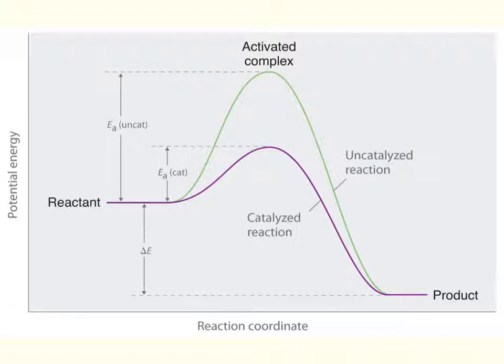The other thing too is, remember that for the forward reaction from reactant to product, we only have to add this much to go, and so the activation energy is lower for the forward reaction. It is also lower for the reverse reaction. So we start with products. Let's say this is equilibrium. When we start in products and go backwards to reactants, the products become the reactants, and the reactants become the products.